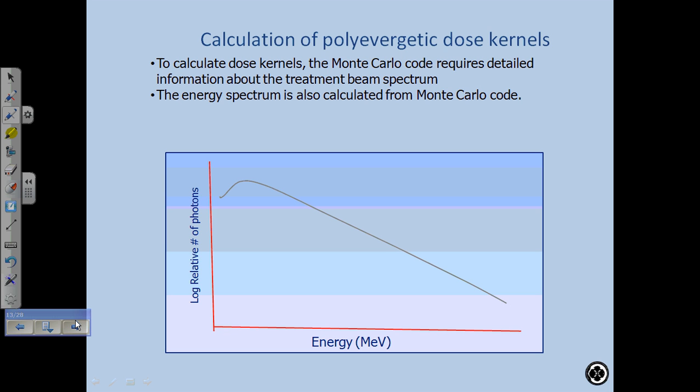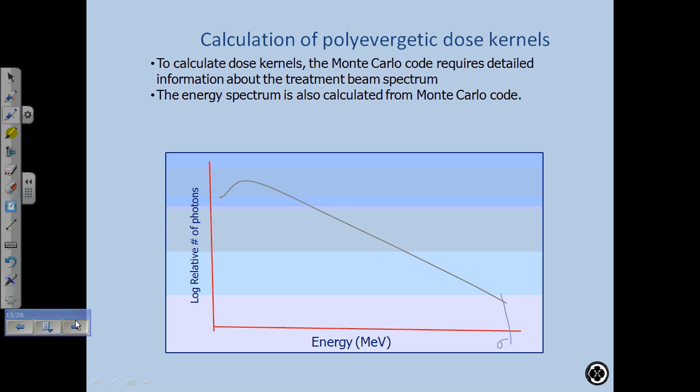And this is what an energy spectrum typically looks like. So, calculation of polyenergetic dose kernels. To calculate the dose kernels, Monte Carlo code requires detailed information about the treatment beam spectrum. The energy spectrum is also calculated for Monte Carlo. So this is a spectrum, and this looks like a PDD, but it's not. Down at the x-axis is energy in MeV, from 0 out to 6 MeV if this is a 6 MeV beam.